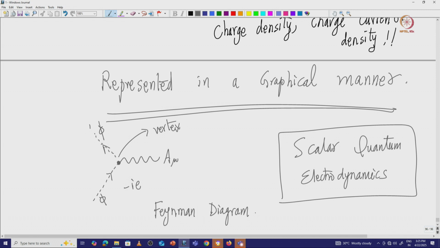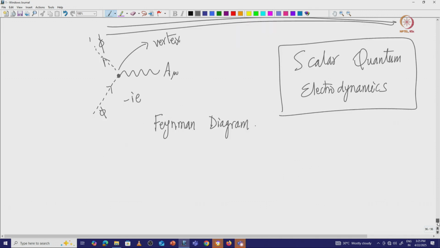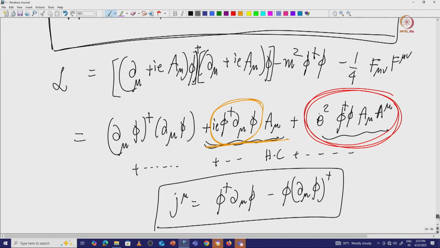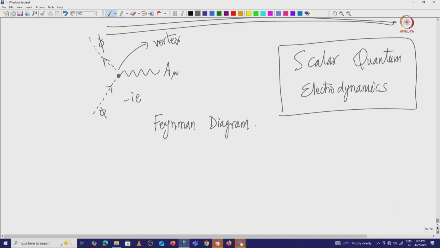So, this is the first example you are seeing of a Feynman diagram, and the theory we are dealing with is called scalar quantum electrodynamics. There is also one more vertex diagram in this theory, in which a particle comes in and goes out with 2 photons.